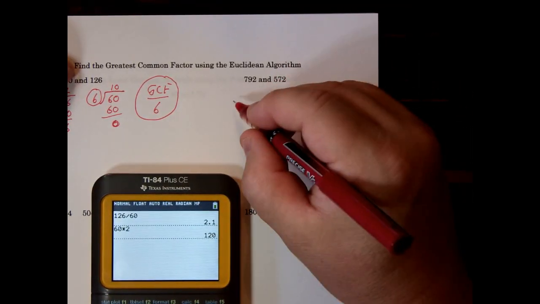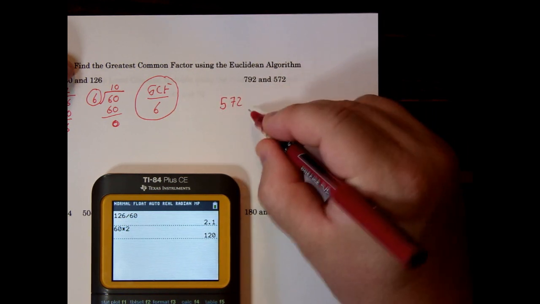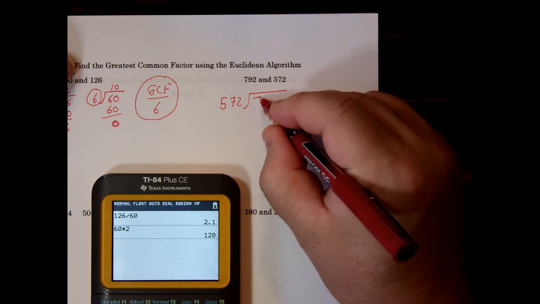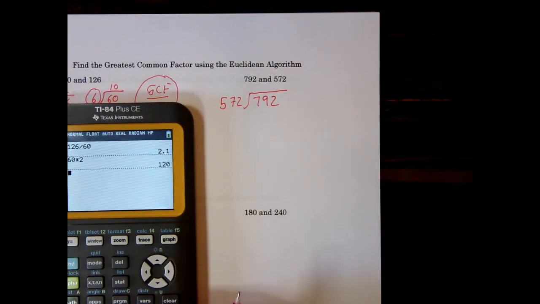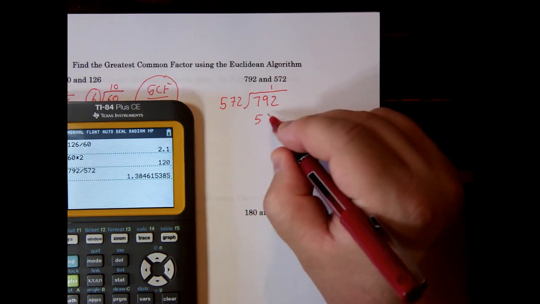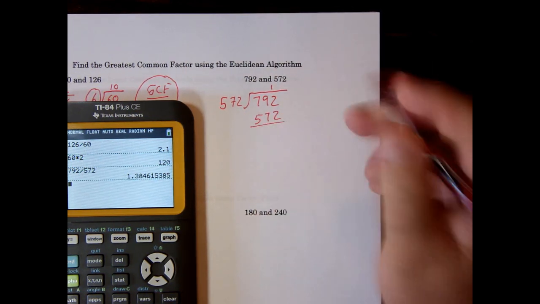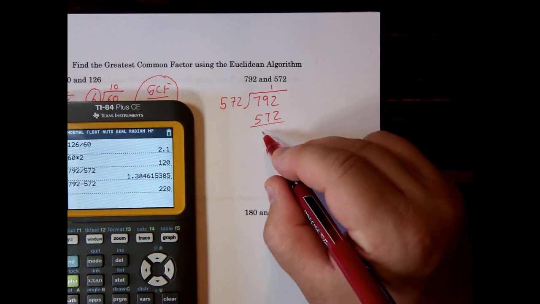So how many times will 572 go into 792? Like I said, if you divide that, 792 divided by 572, it just goes once, which is fine. 572, 792 minus 572 leaves 220.